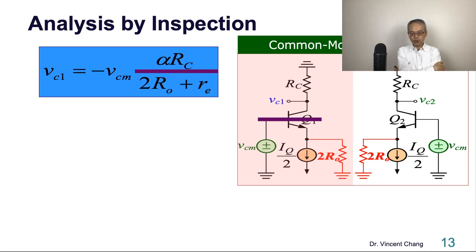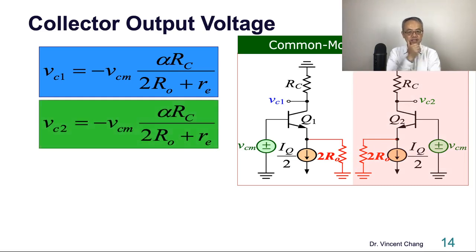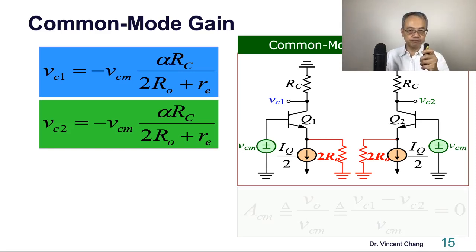VC1 and VC2 are the same, because the half circuit is the same. Now here comes the common mode gain. It depends on how you define the output.